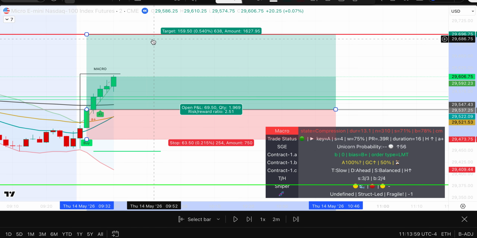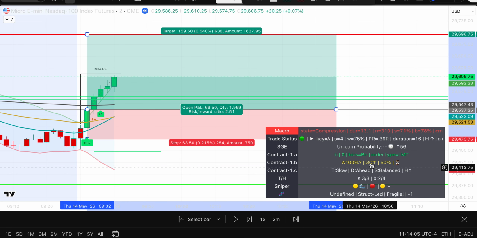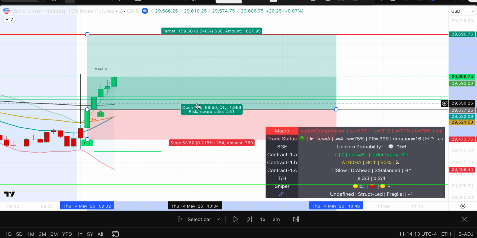I just brought it up to this manipulation zone because I figured that's probably where the market is going to go anyway. It's a golden cross. There's going to be enough energy built to bring it up. So I just brought it there. But technically, 1R was enough for me. So I entered limit, created my order, entered limit. Watch what's going to happen.